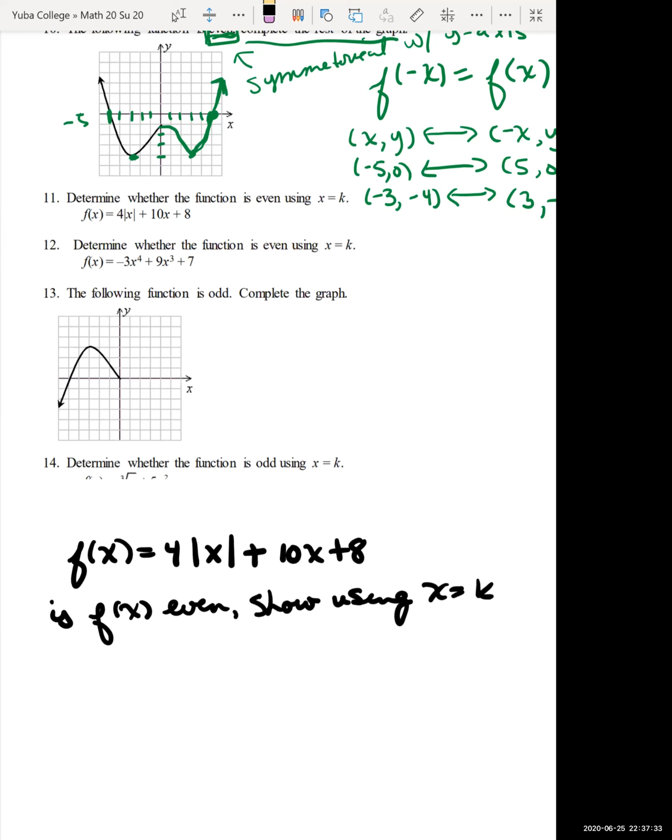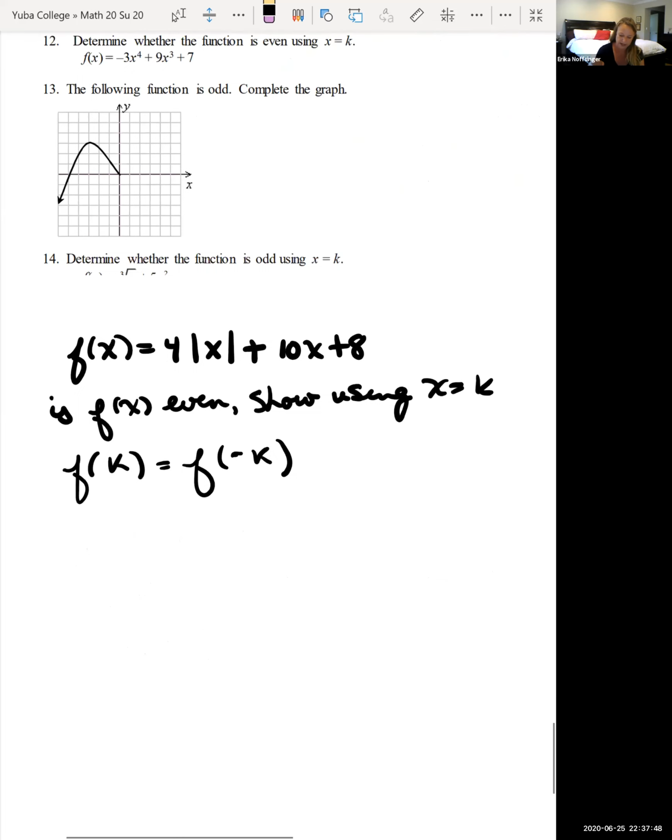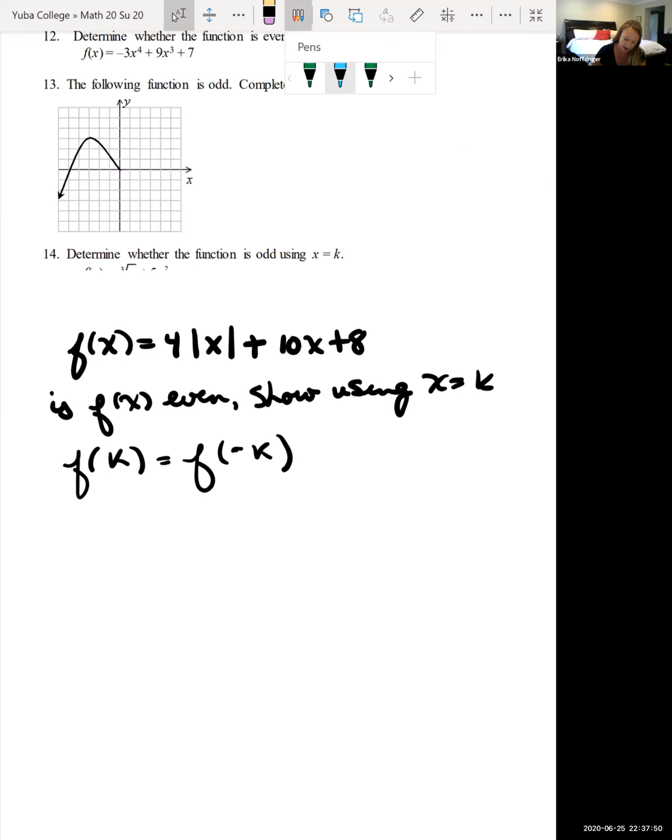So basically, even again, if we plug in positive k wherever we see an x, we better get back the same thing as if we plugged in negative k wherever we see an x. So if we go into this equation and we plug in positive k wherever we see an x, let's go and do that.